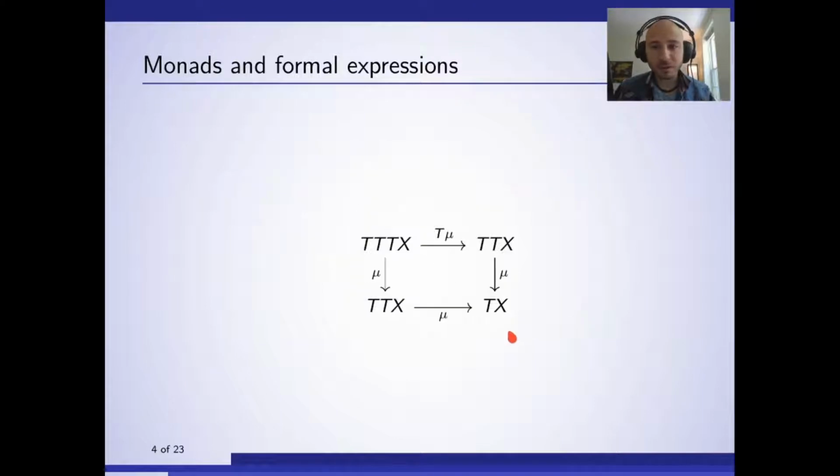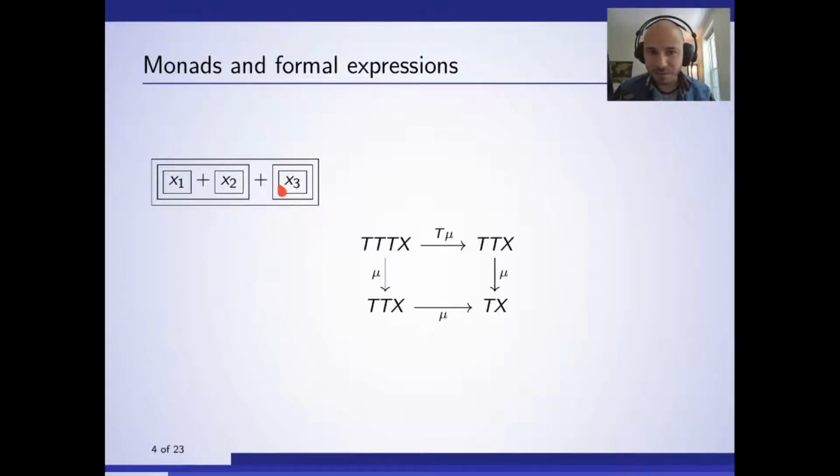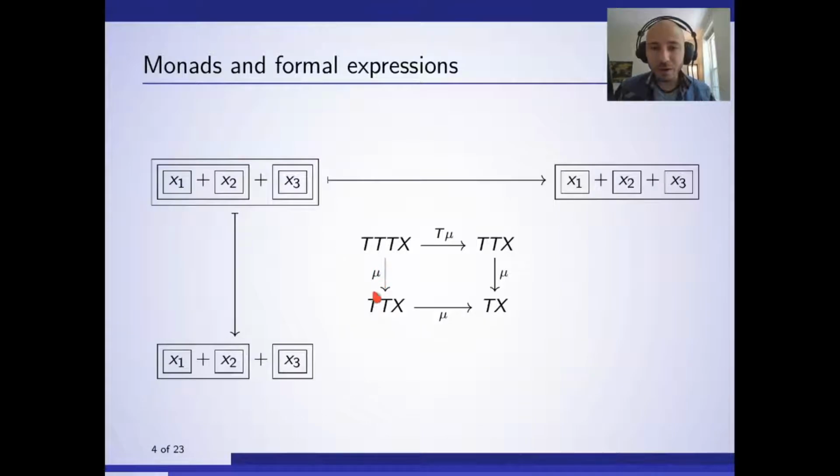The multiplication or associativity square says that if you have now a nested formal expression, so 3 levels of boxes, you can do either you remove the outermost box, apply mu, or you remove the mid-level boxes, which is inside each box, here there's only one, you remove the boxes, so these mid-level ones. You get doubly formal expressions here, but different ones.